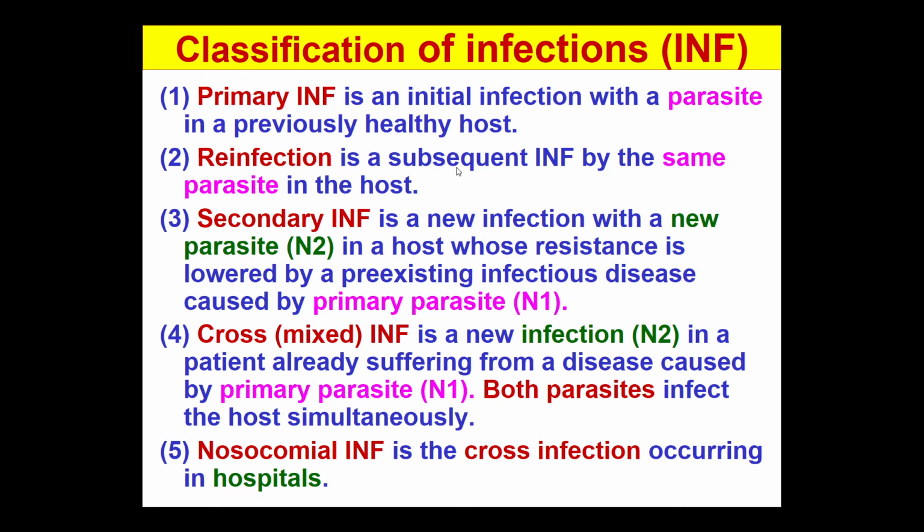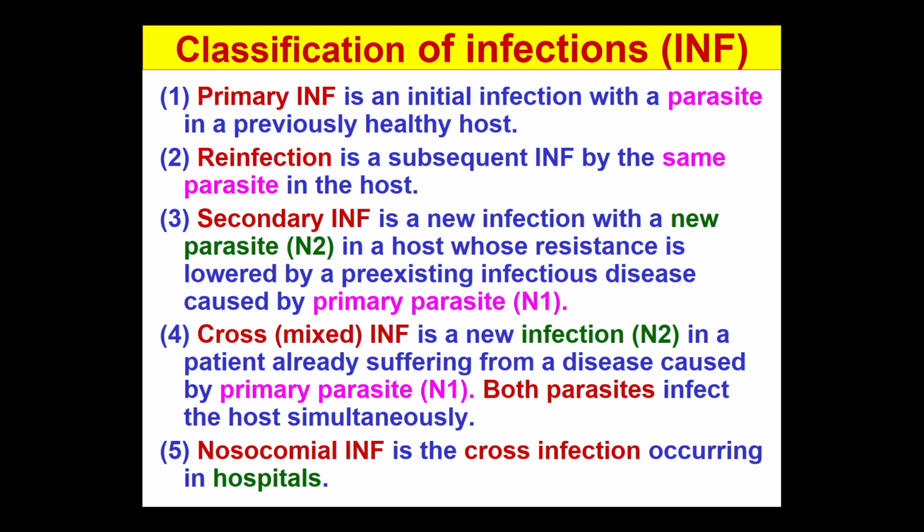Second term, reinfection, repeated infection. Reinfection is the subsequent infection by the same parasite in the host. Reinfection means that a certain parasite caused disease time before, 1 year before. For example, gonorrhea, sexually transmitted disease. After that, patient was treated, and this parasite was eliminated from the human body.